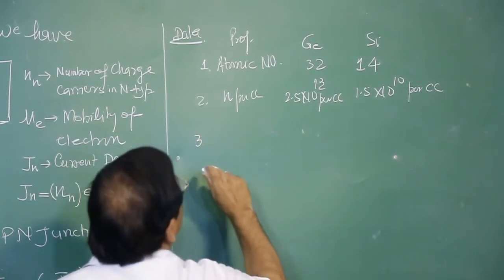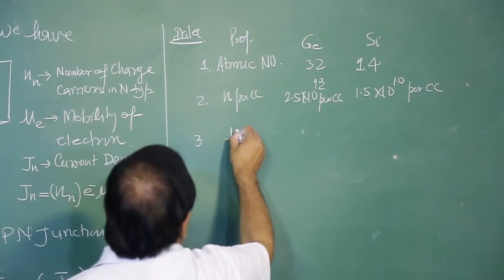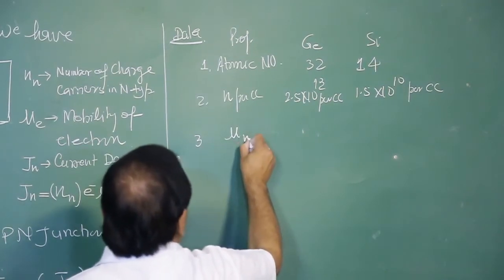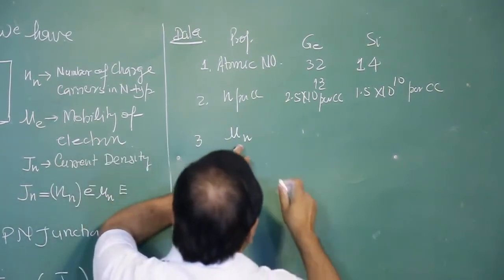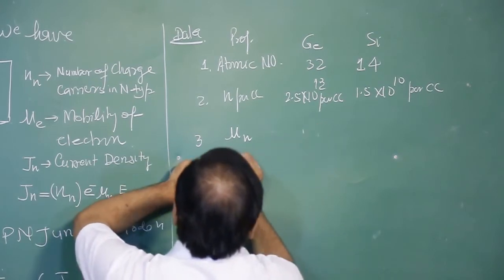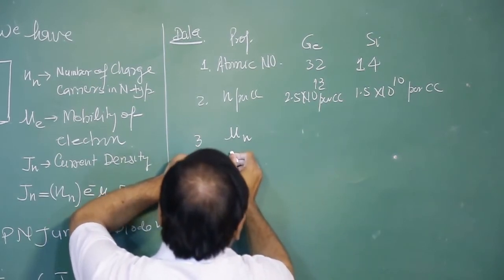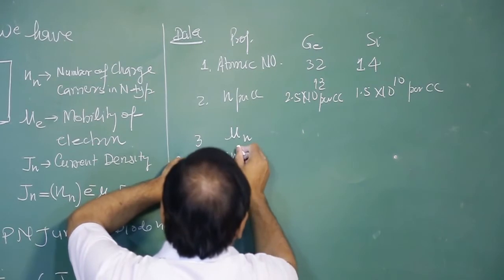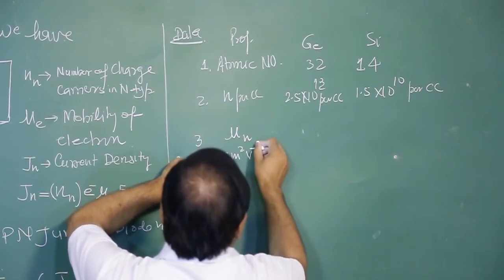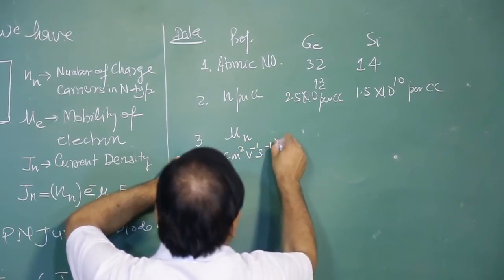Then the mobility mu n, in terms of centimeter square per volt per second is the unit.